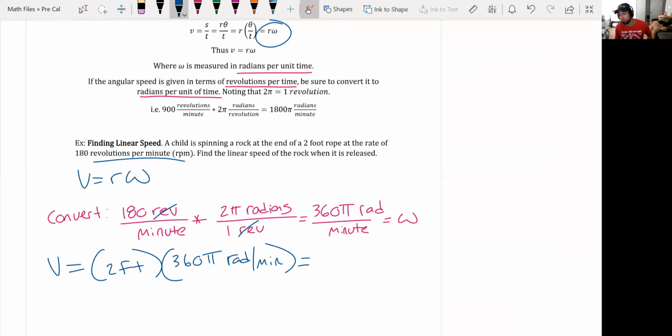Multiply those together, and you will get 720 pi. Since we know this is in radians already, we can drop the radians unit, and all we have to say is that this kid is spinning this rock at 720 pi feet per minute.